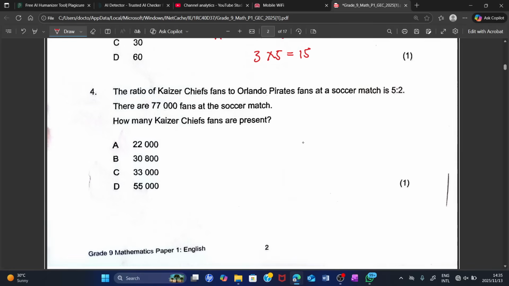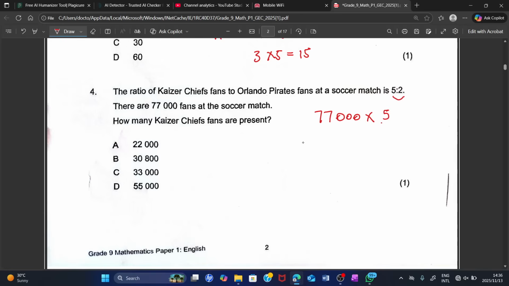The ratio of Kaizer Chiefs fans to Orlando Pirates fans at a soccer match is 5:2. There are 77,000 fans at the soccer match. How many Kaizer Chiefs fans are present? So how do we answer this? You are going to simply say 77,000 multiplied by 5/7, you add these two.